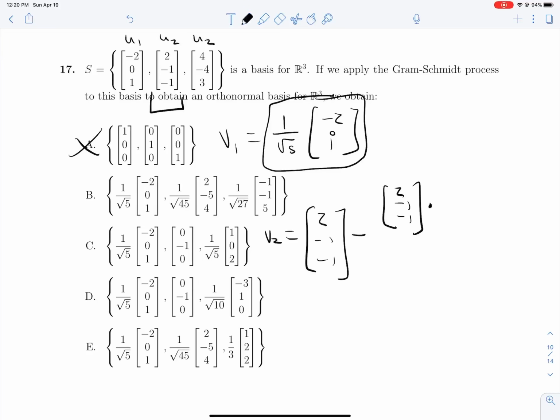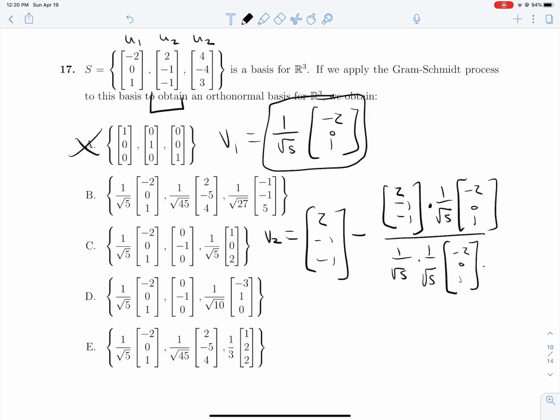So 1 over root 5 times negative 2, 0, 1, and then we're dividing by that first unit vector dotted with itself. So 1 over root 5 times 1 over root 5 multiplied by negative 2, 0, 1 dot negative 2, 0, 1.